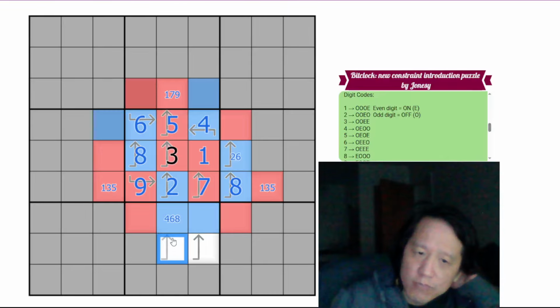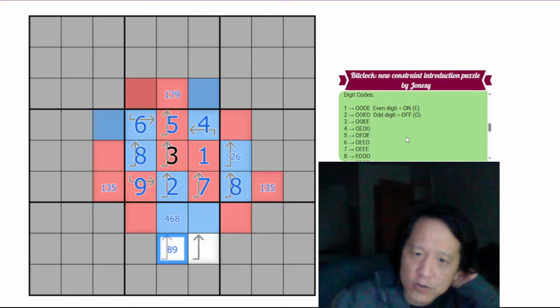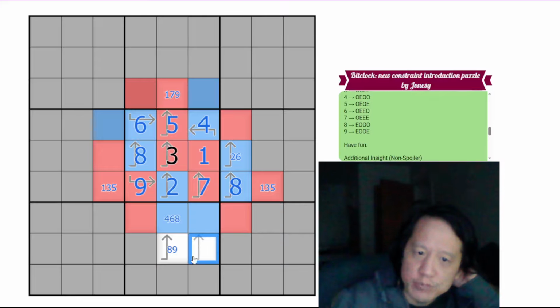This has the 8-bit turned on. So therefore, this is at least 8 or 9. Either way, if it's 8 or 9, the 4-bit and the 2-bit are off. So these are both odd.